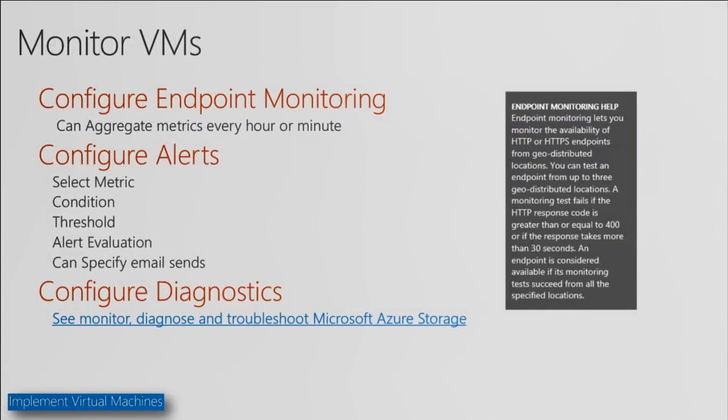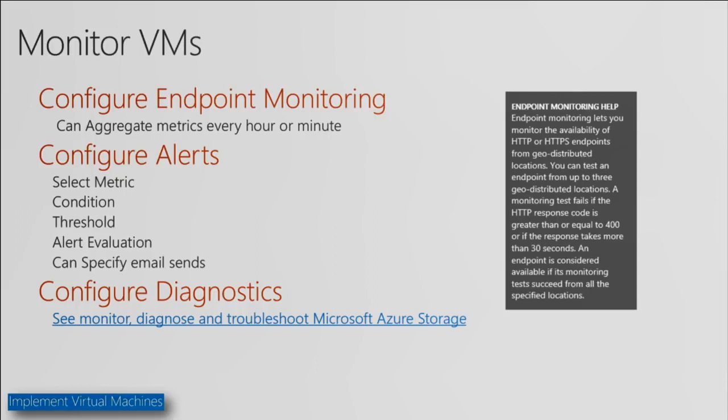Monitoring, endpoint monitoring. Exactly the same as the web app. If you get a 400 error, or it's more than 30 seconds, it's deemed to be down. You can configure alerts on any of those. Conditions, thresholds, alert evaluations. You can choose all of the metrics that you want and send email alerts on them.